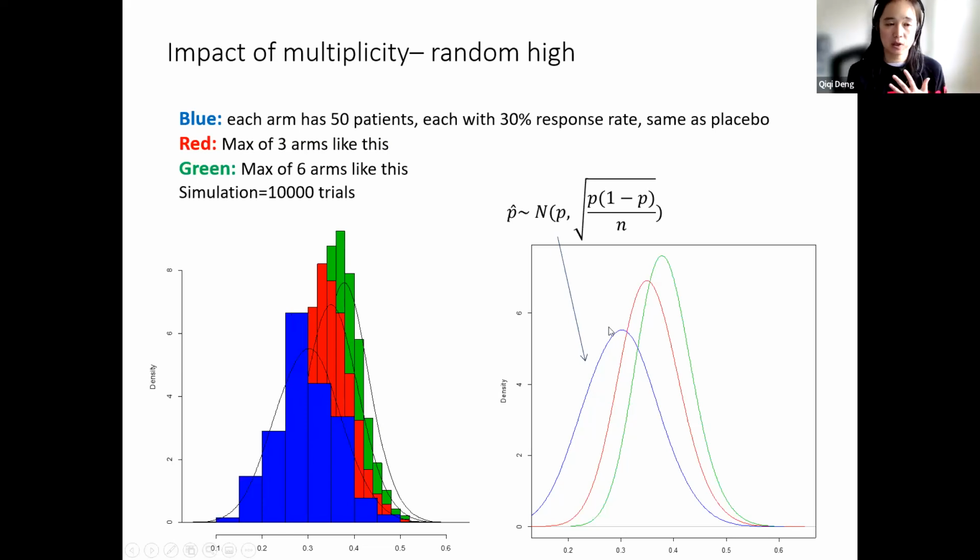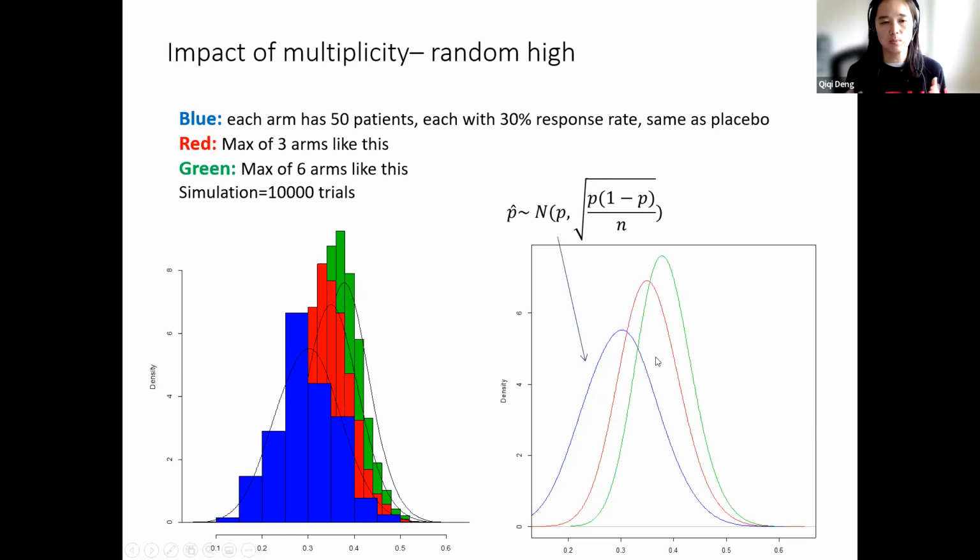However, if I start cherry picking, let's say I look at 2 dose groups and pick the better one, regardless of which one it is, then the distribution will shift to the right, like the red curve. And if I have 3 different doses and I again pick the best dose, then the distribution becomes the green color.